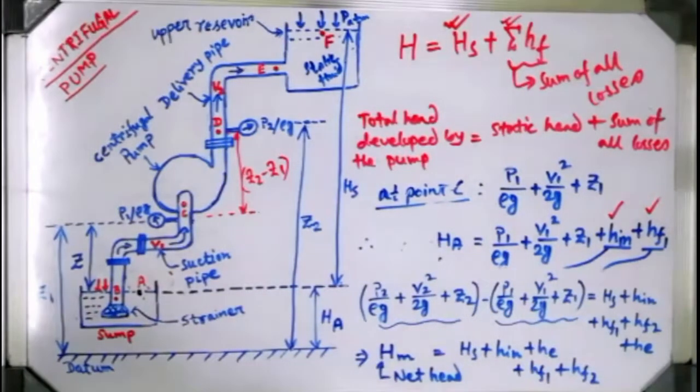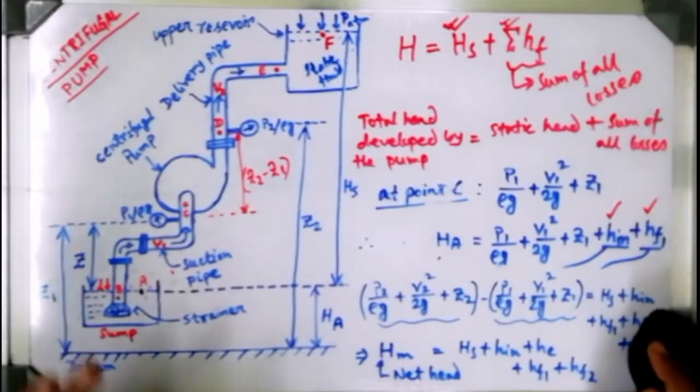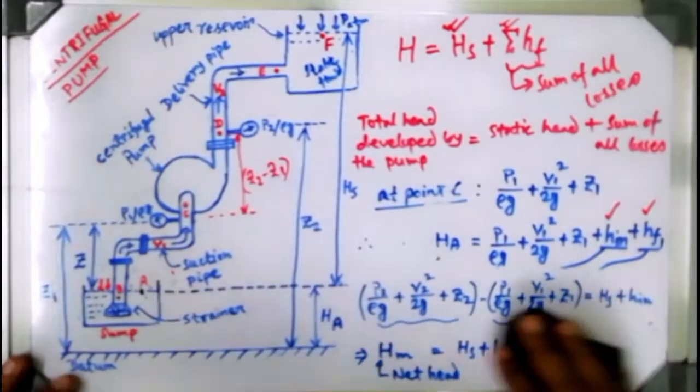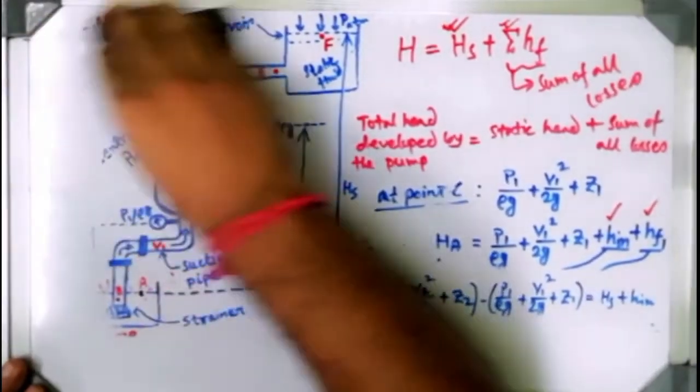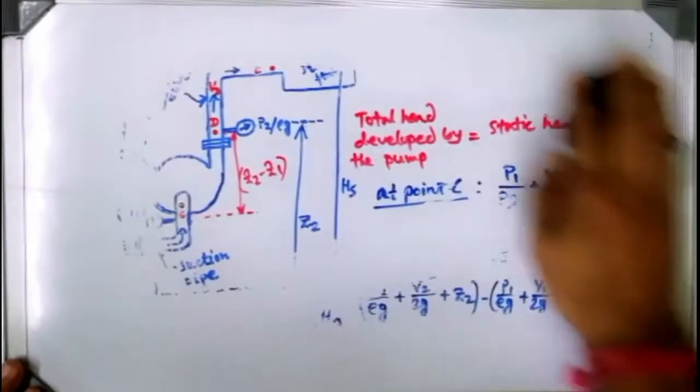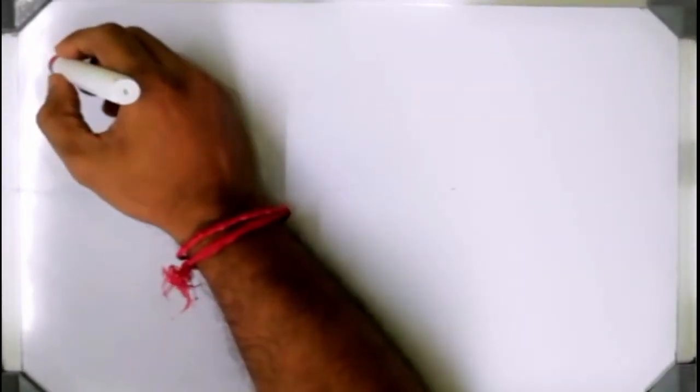So now, after this point, we are going to see how the velocity diagram will be constructed in the case of a centrifugal pump. First of all, what are the different parts of a centrifugal pump? I think you can see those things in any textbook.